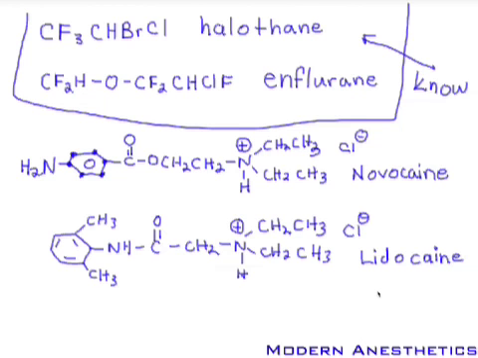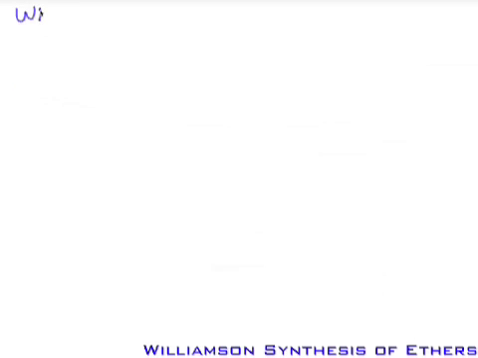Okay, let's move on and examine how ethers can be prepared in the laboratory. The reaction with ethanol to produce ethers is an industrial preparation. But in the laboratory, the ether is often prepared by what is referred to as the Williamson synthesis.